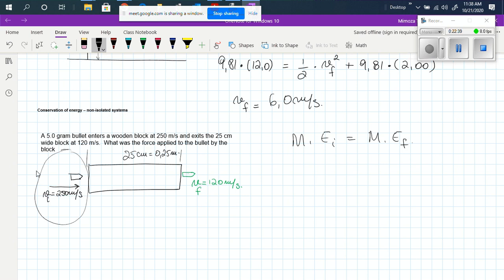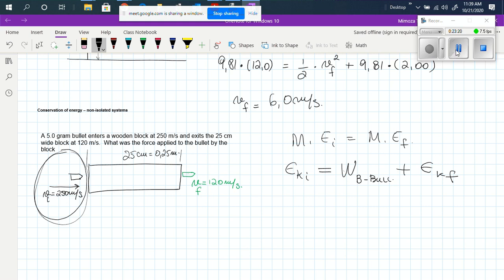So initially we have kinetic energy, and then we have some work done by the block on the bullet, that is the force applied from the block to the bullet, plus kinetic energy.